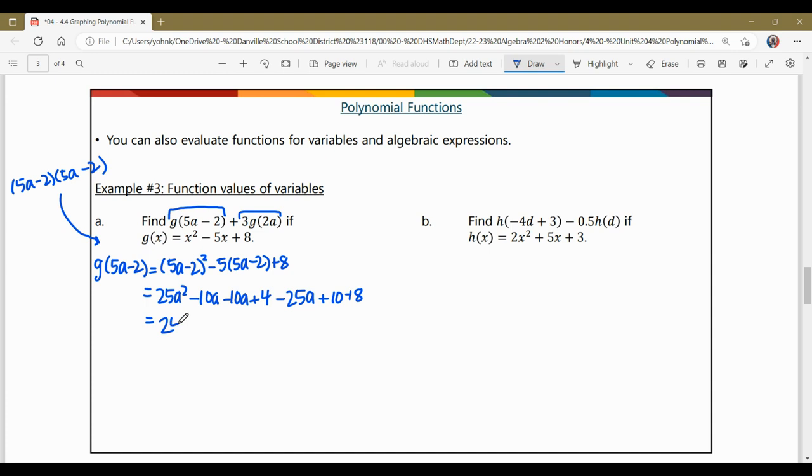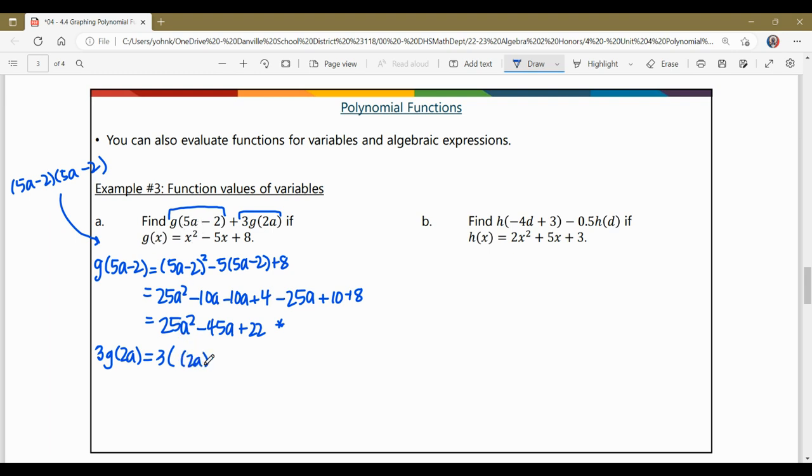Clean it up, we get 25a^2. -10a - 10a is -20a. Minus 25 more is -45a. And then I have 4 + 10 + 8 is 22. That's my first answer. Now I've got to find 3 times g(2a). So I need to take 3 and multiply by whatever I get when I plug 2a in.